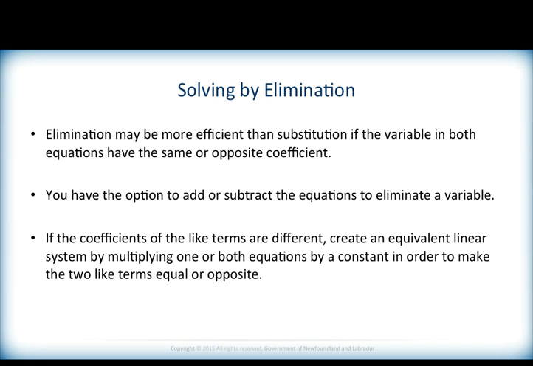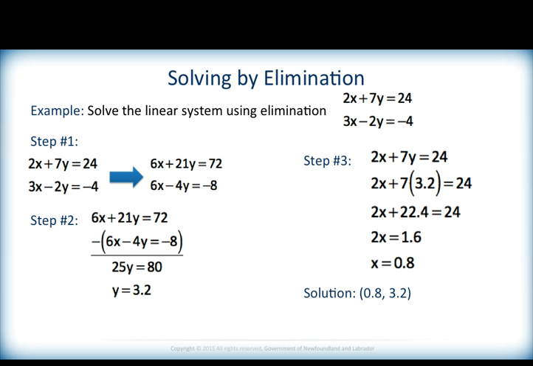You need to eliminate either the x variable first or the y variable. And in order to do this, you need to make those variables have the same coefficient, where you can add or subtract in order to eliminate that variable. Once one of the variables is eliminated, then you're left with just one variable to solve in an algebraic way. We're going to look at this now.